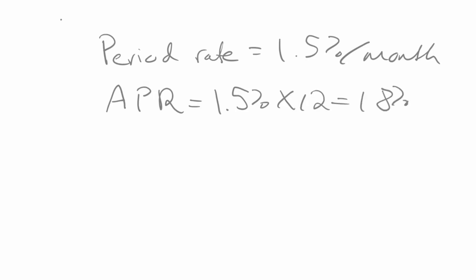Now notice, this 18% is the interest rate you would pay if the credit card company charged you simple interest over the year. This corresponds to a stated annual interest rate. That's the concept that we defined before. And yes, you would pay 18% if you just were charged 1.5% per month and there was no compounding.